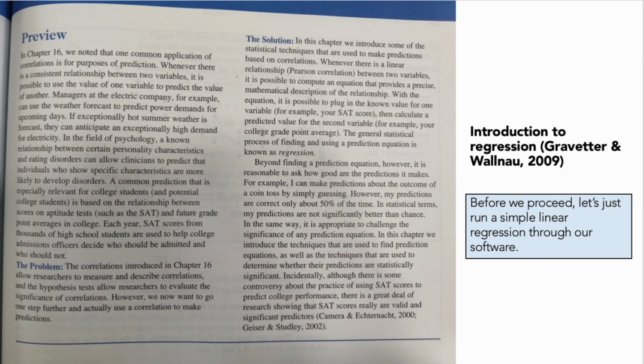Now, in correlations, you don't make such predictions, but if you have that data, of course, in correlations also, if you draw a scatter plot, you will get a best fit line.